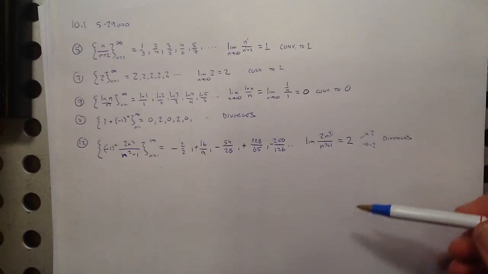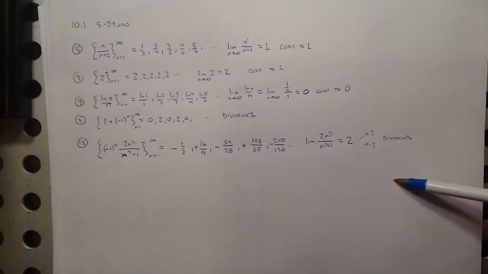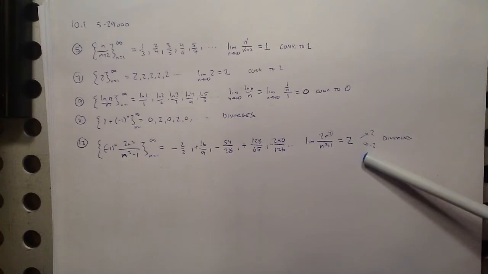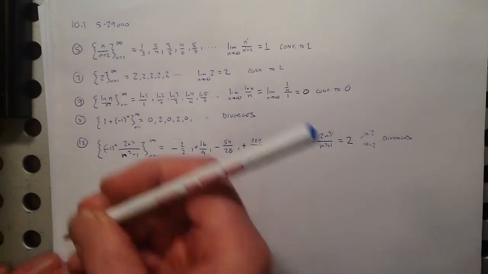Because if you're alternating, you'd have to be getting closer and closer to 0. 0 is the only number that's equal to the negative of itself. If it was converging to anything else, you'd have 2 different things that it was trying to converge to, and that's divergence. So that's good to note there.